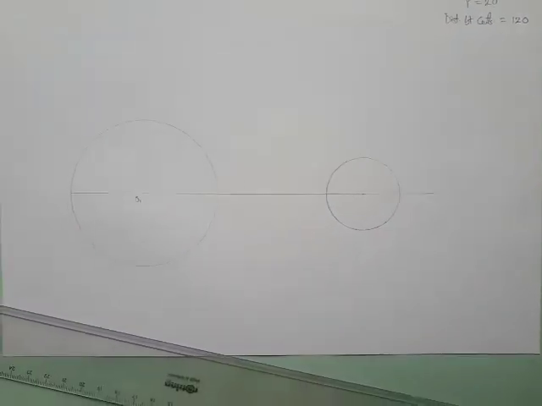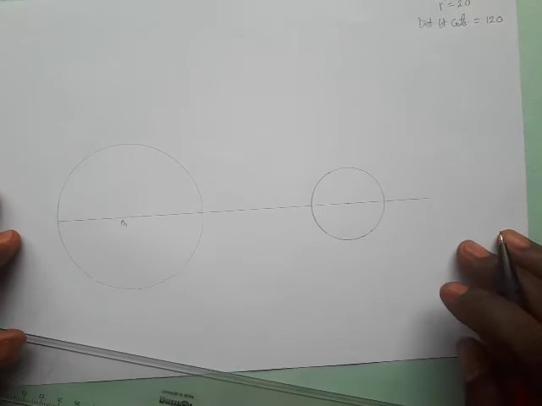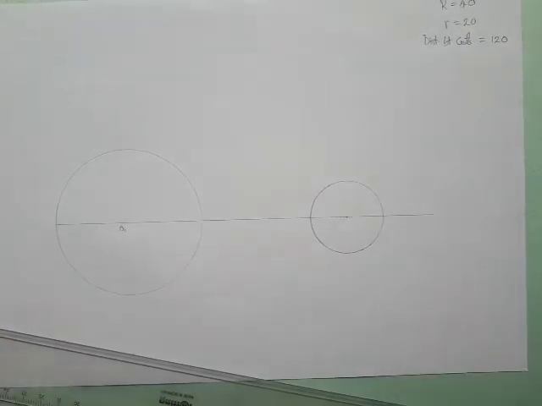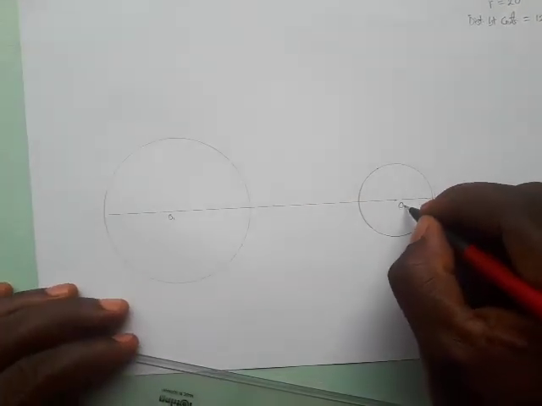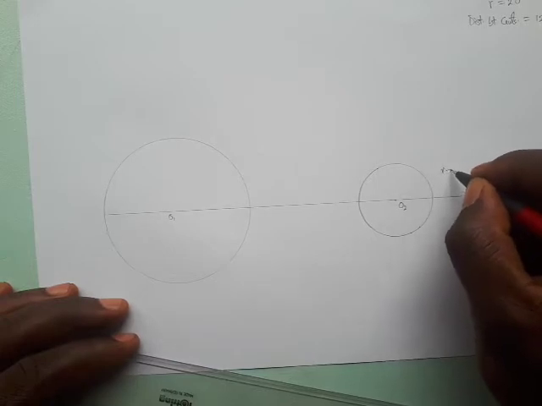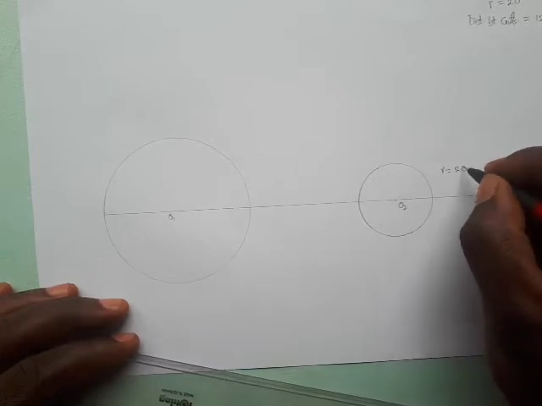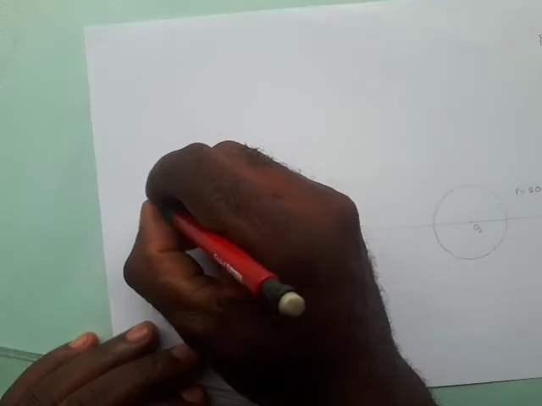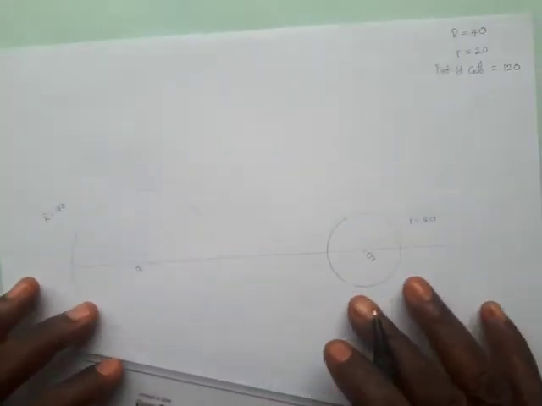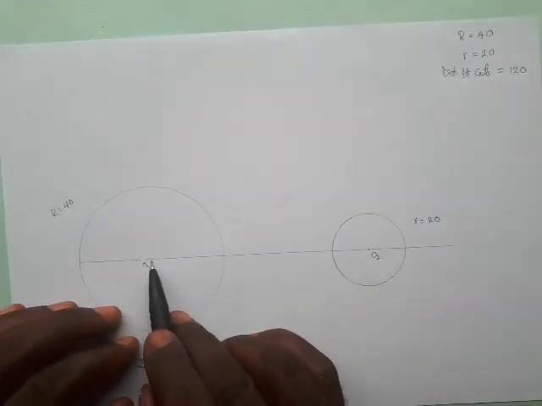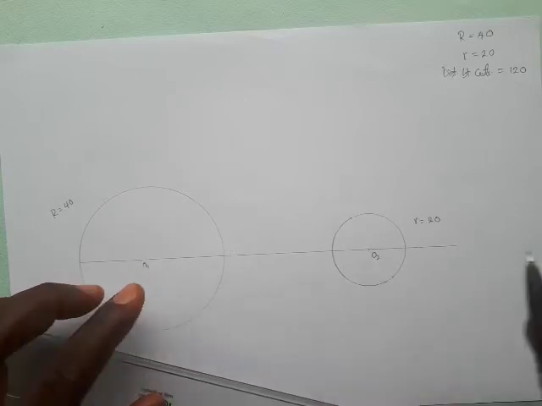All right, so what you do next is, once again, this is O2. Remember the radius of this circle is what? 20, while the radius of this circle is what? 40. Don't forget that. Now, again, bisect O1, O2.